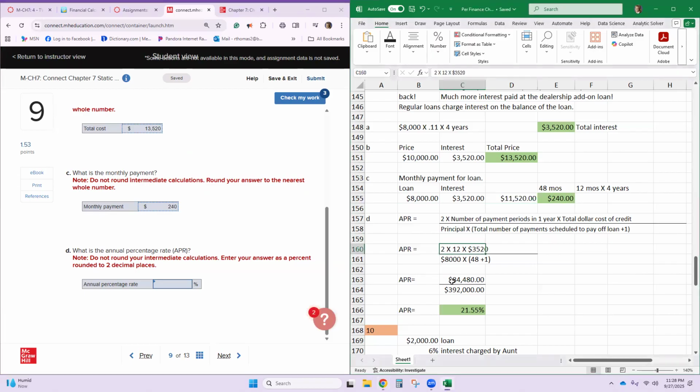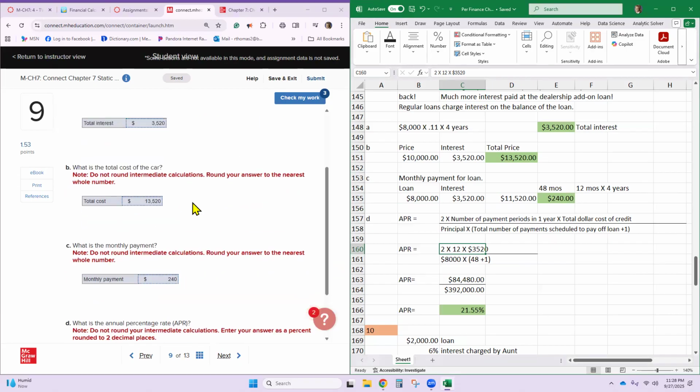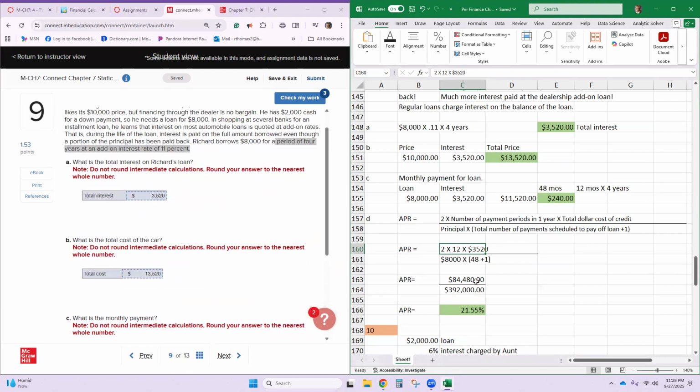So it becomes 2 times 12 times $3,520. Remember, that is the total interest that we found. And then 8,000 times 48 total months plus 1. So here is your numerator, here is your denominator.